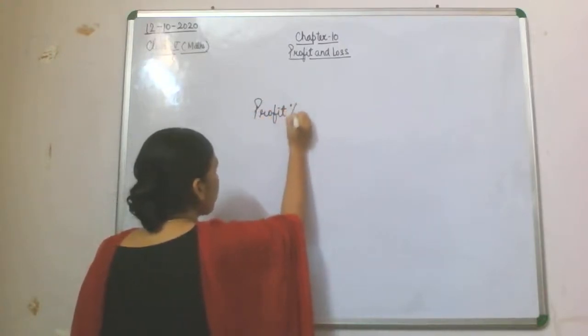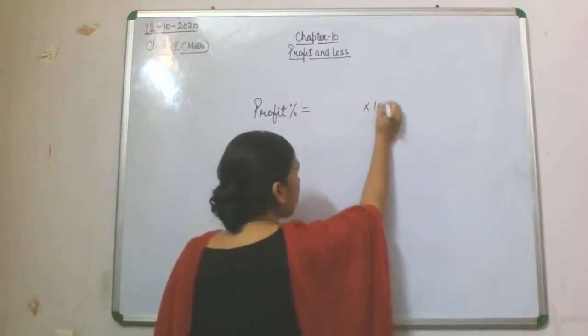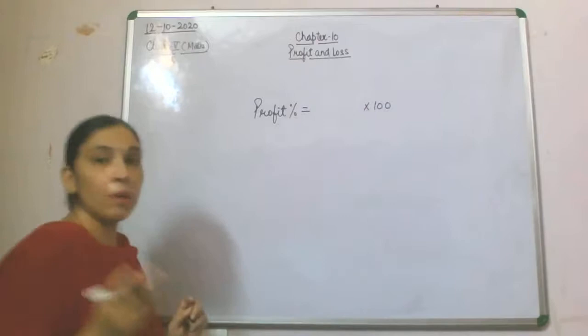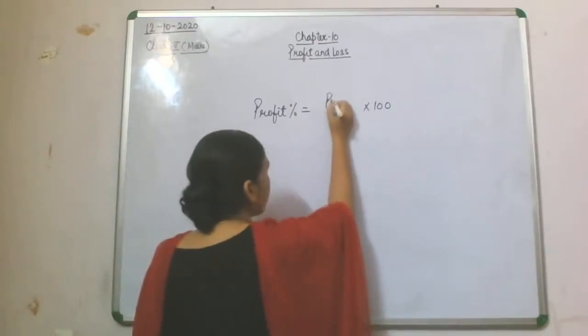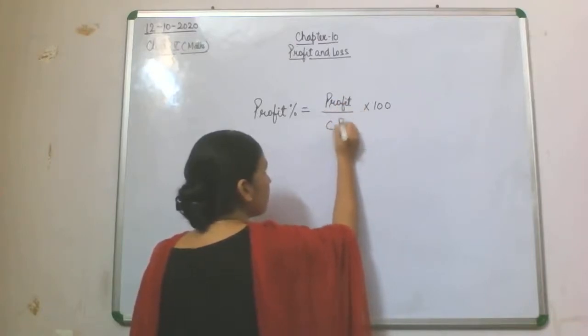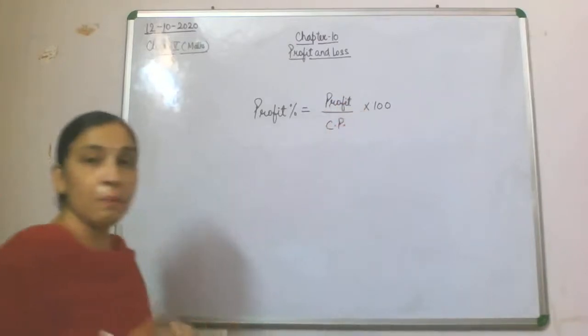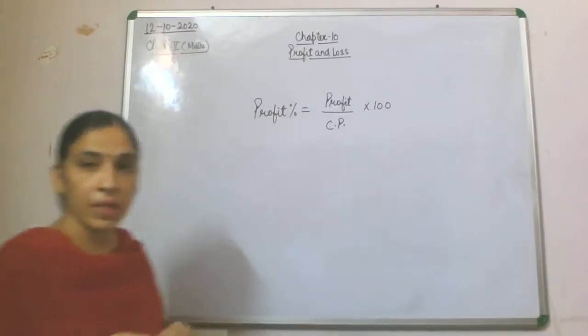Now if I talk about the formula, percent means something which will be multiplied by 100. Now what will be multiplied by 100? Here the profit that is given will be divided by CP, and for percent, 100 will be multiplied. Clear?